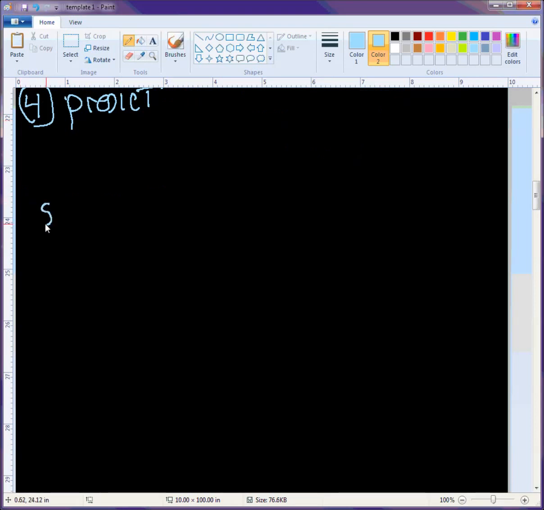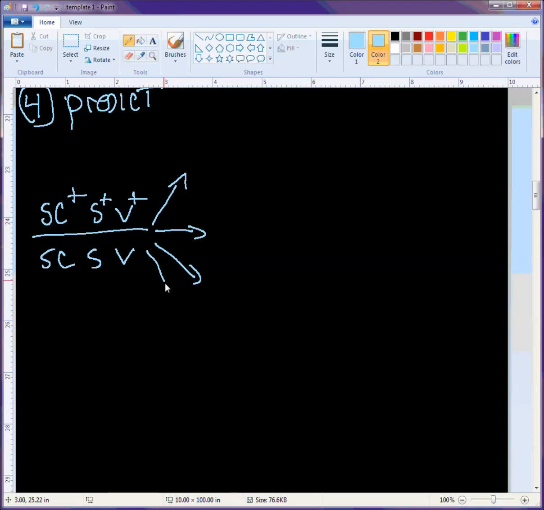I'm going to redraw the genotype, and draw the 4 possible classes of gamete genotypes that can result.